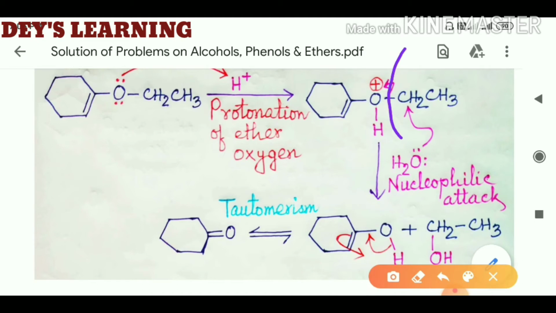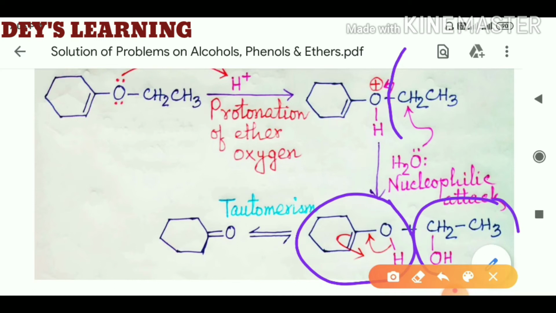The molecule will be divided into two parts, and the left portion will form this intermediate, this compound, and the right portion will form the ethanol molecule.